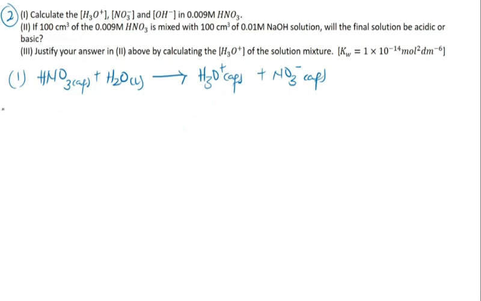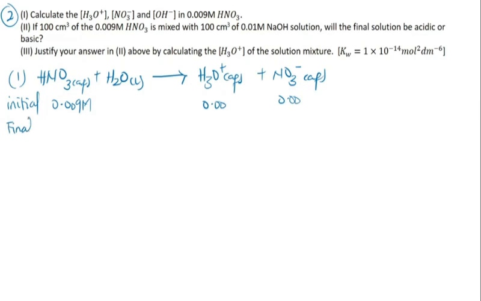Now initially, before the reaction proceeds, we have 0.009 molar of the acid in solution, and as at that point the reaction has not occurred, so we have 0.00 concentrations of these ions in solution.